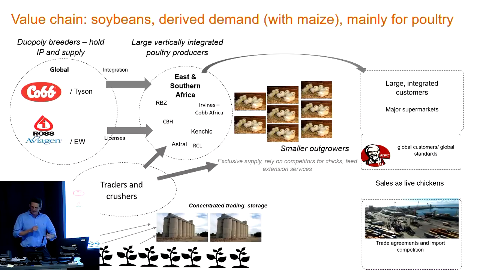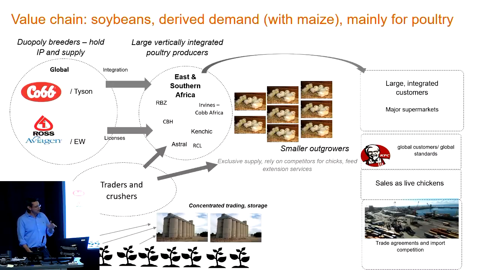So it's really a really big issue, big picture. These companies then organize around the actual producers of the chicken to which they license the breeds, and that drives sourcing of feed, and that drives maize and soybean production and trading around the world for animal feed, including that big change that we've seen in terms of production of soybeans.